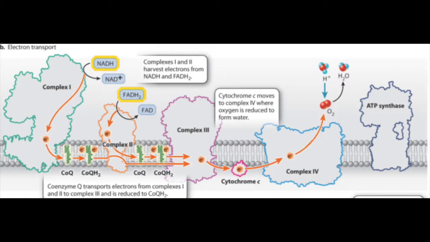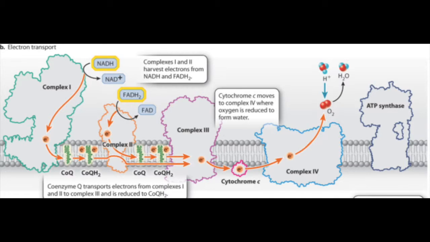As we see in this picture, the electrons are pumped from complex 1 to complex 2 with the help of coenzyme Q, which transports electrons from complex 1 to complex 2. Also, from complex 2 to complex 3, we have CoQ and CoQH2 helping to pump these electrons.